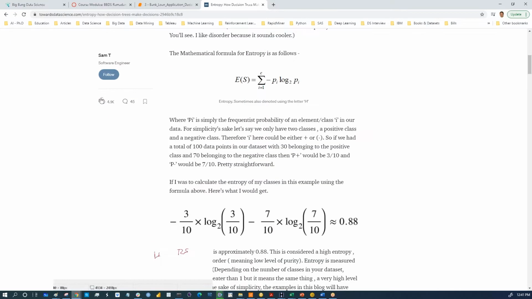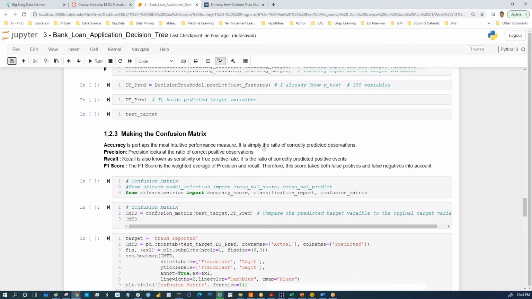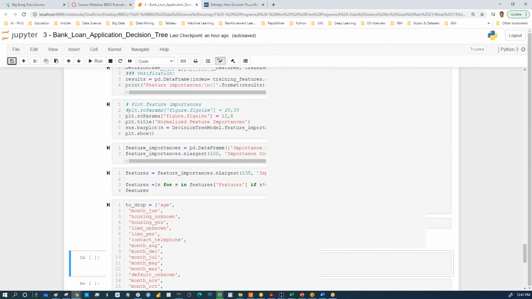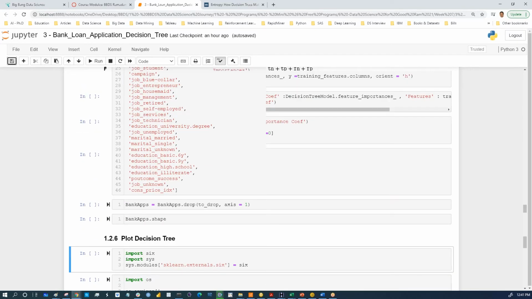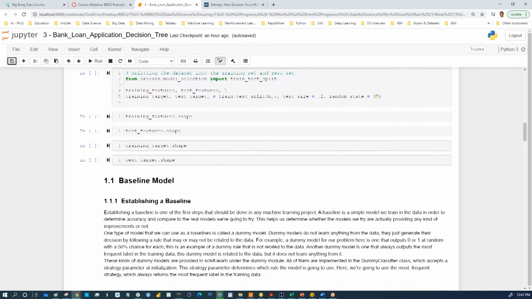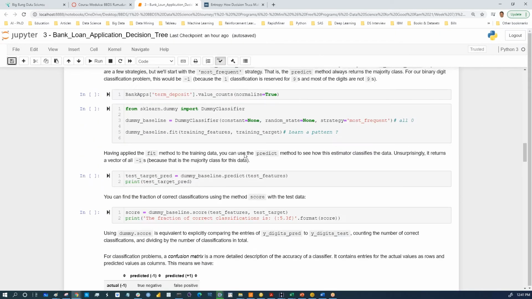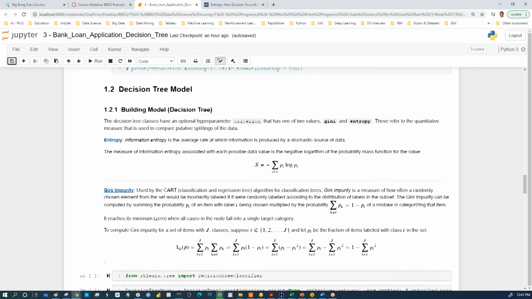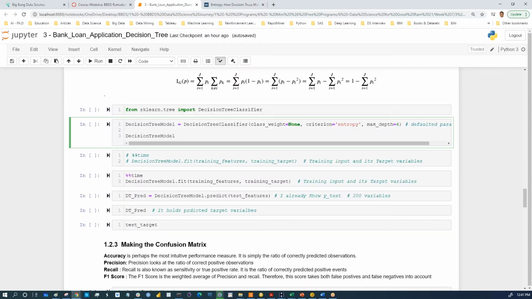And in the codes, this is where we start building the decision tree. We import the algorithm from scikit-learn, and now we initiate the algorithm, and you are telling it, please use the entropy as criteria.